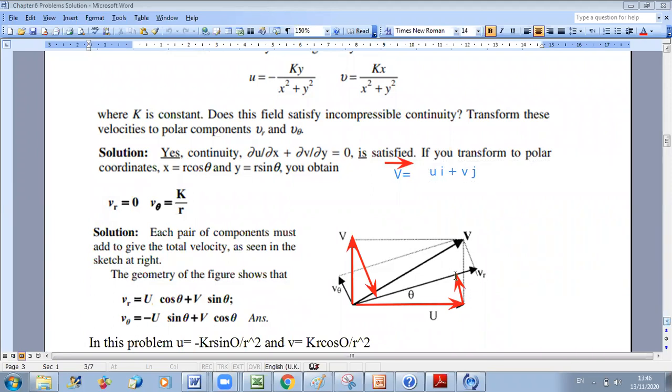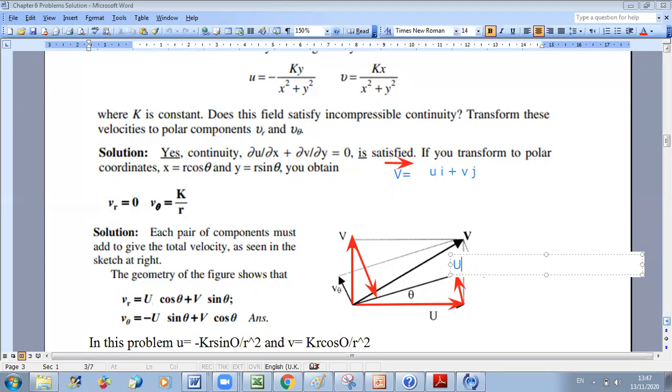And as you can see in this figure, for the U component, if you project it on UR, its projection on UR is U cosine theta.